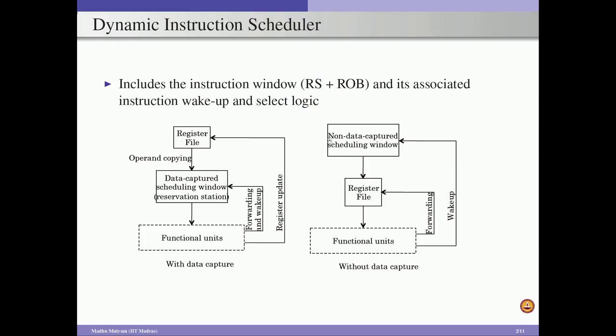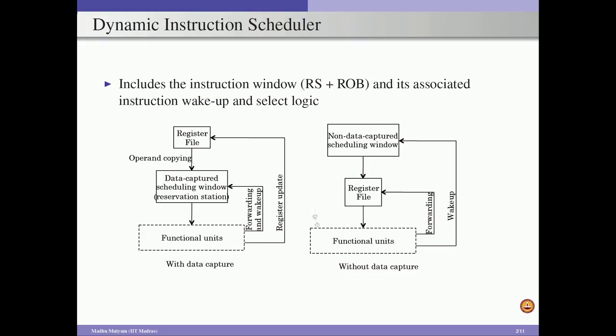This non-data capture instruction scheduling window looks at all the instructions that can be dispatched or issued to the functional units, and whenever this logic gets a wake up signal from the functional unit, then it selects the instruction and issues it to the functional unit. But while it is issuing to the functional unit, it also goes to the register file and reads the appropriate values and then sends them.